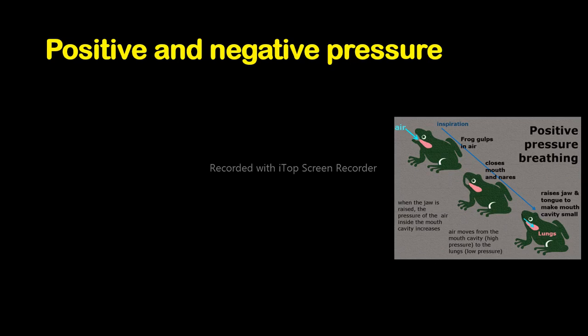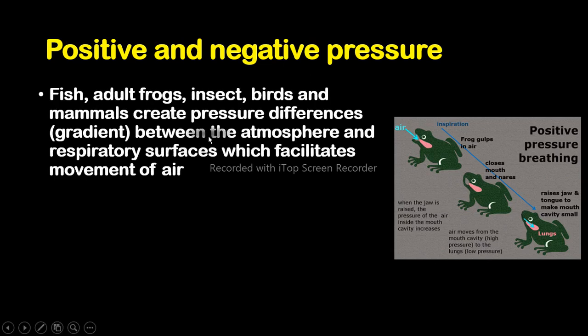Likewise, for air to move from your lungs to the atmosphere, pressure in the lungs must be higher than the atmospheric pressure. So that concept of positive and negative pressure is highly considered. It is really a good concept. With positive pressure, air moves from a region with high pressure to a region with low pressure.